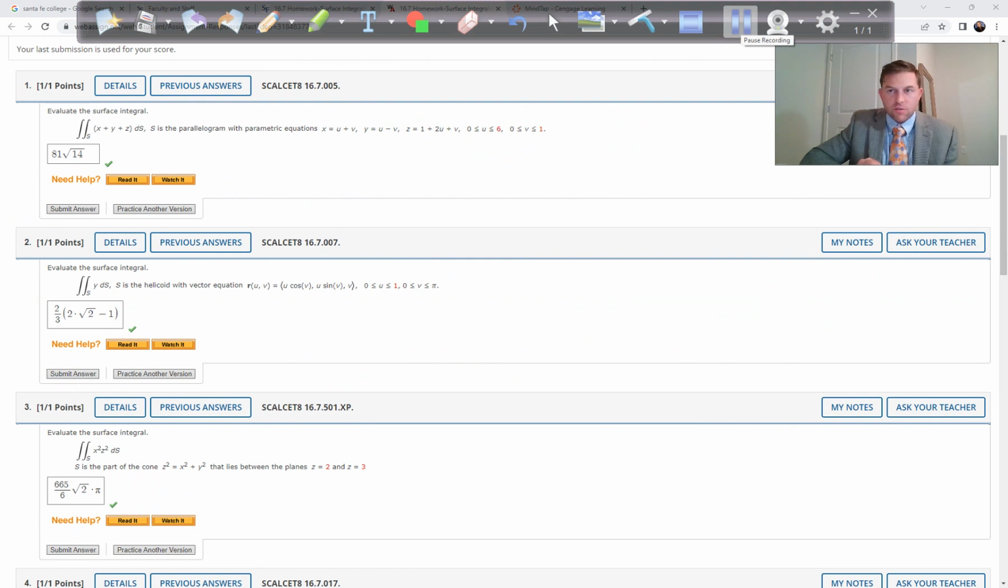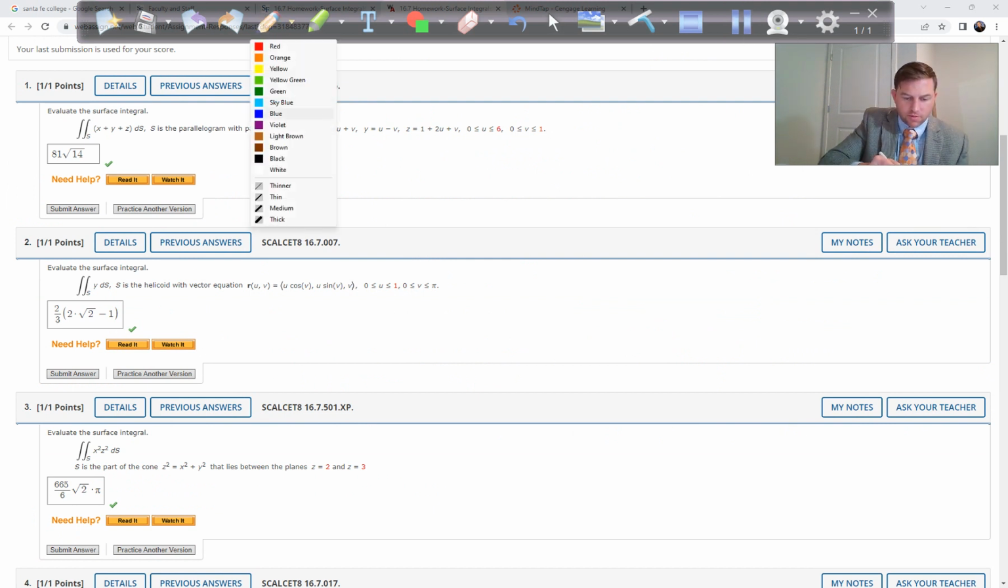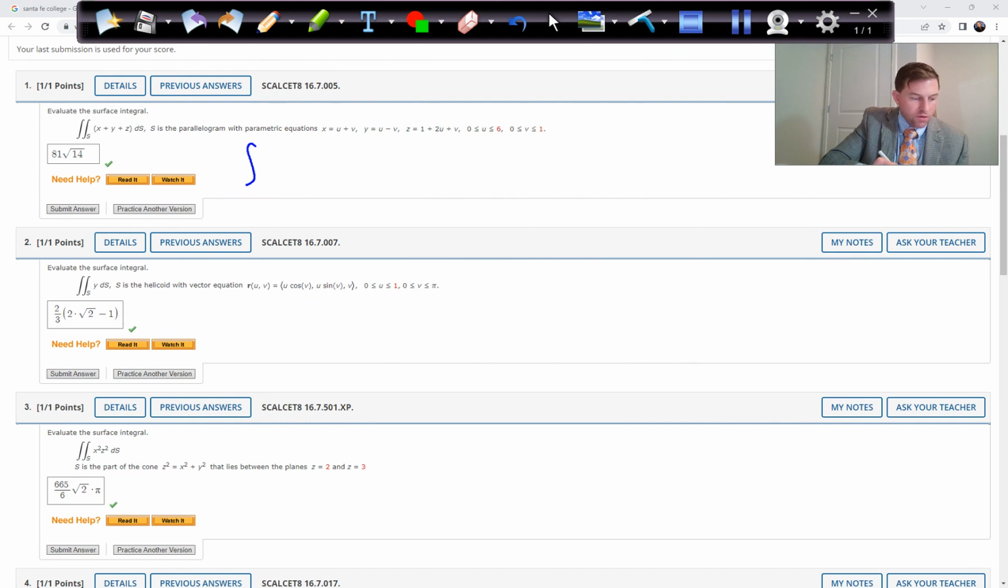Problem 3, we're going to actually do a little differently. We're going to use an old form that we've done before, and that was this one. We're going to take a double integral over the region D of f of x y times the square root of 1 plus partial f with respect to x squared plus partial f with respect to y squared.